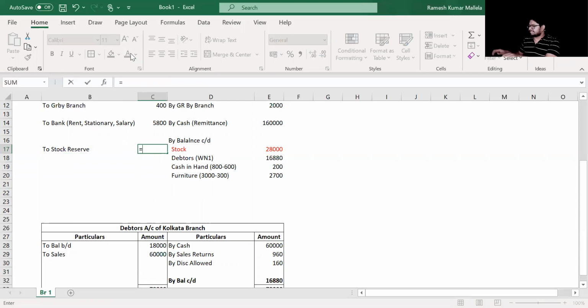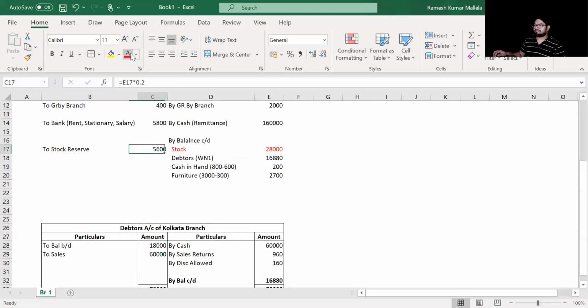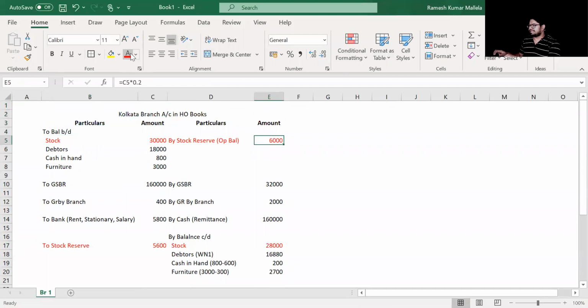To stock reserve, it's going to be 28,000 into 0.2, 5,600. Clear? I am highlighting all stock reserve items in red so that you will understand that they are both passed together.